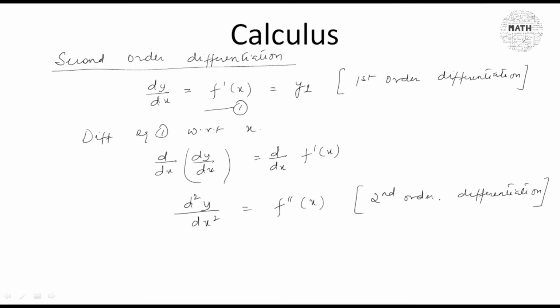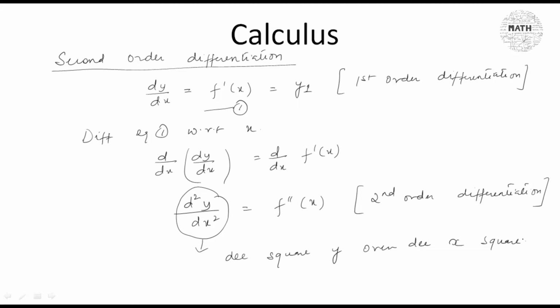I hope you're clear till there. So this one is read as nothing more than your d square y over dx square. So that's all about the starting of your second order differentiation.